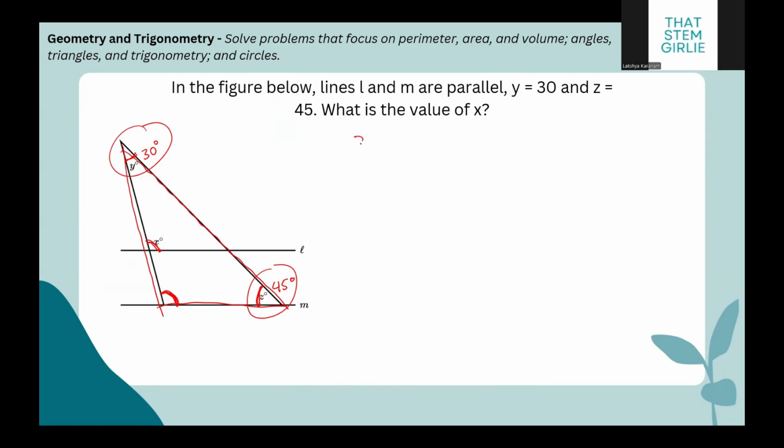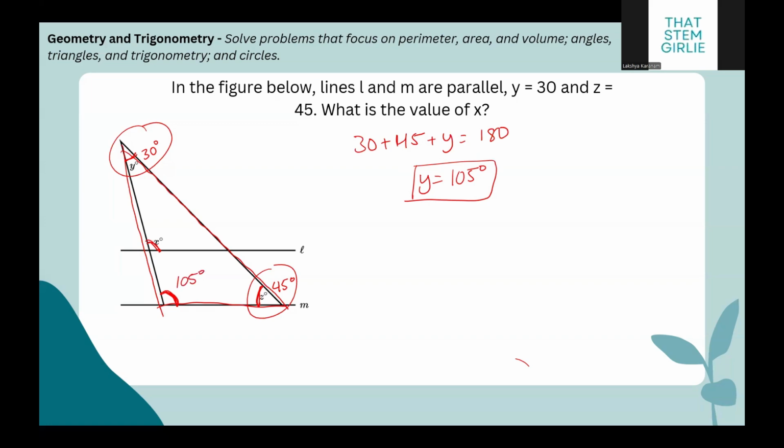We're going to do 30 plus 45 plus this missing angle, which I'll call y degrees, so plus y equals 180. Combining like terms, 30 plus 45 is 75, and then subtract 75 from both sides, and you'll end up with 105. So that tells me that this right here is 105 degrees.